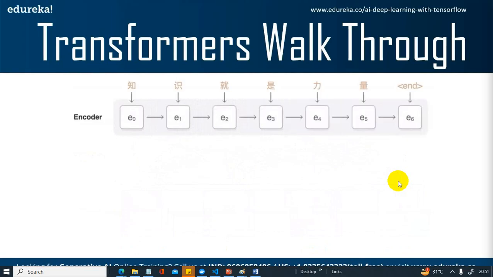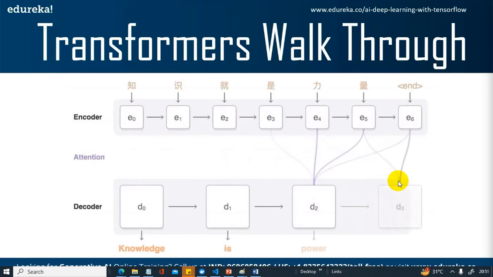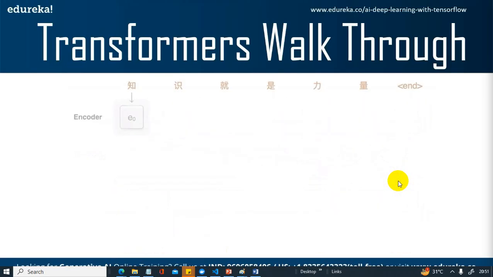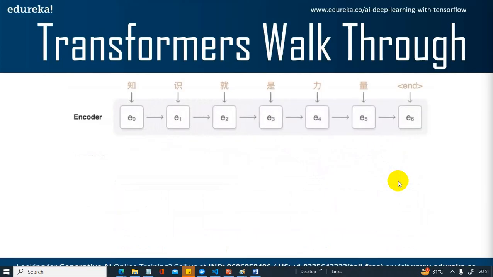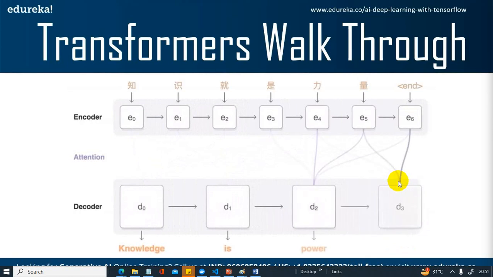So what exactly is this transformer, right? You see here we have the encoder on the top and the decoder on the bottom. Both encoder and decoder are comprised of modules that can be stacked on top of each other multiple times. So what happens here is the inputs and outputs are first embedded into an n-dimensional space since we cannot use them directly. So we obviously have to encode whatever inputs we are providing here.